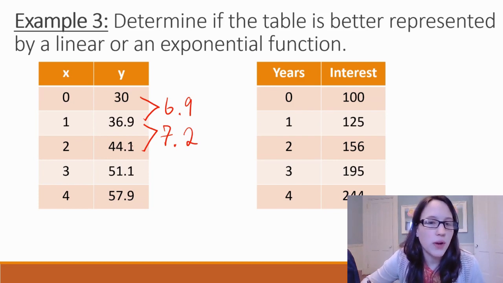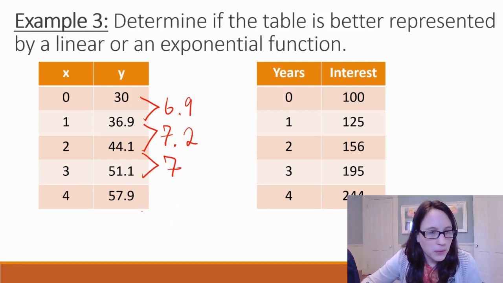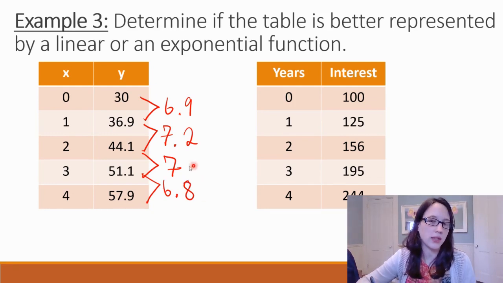All right, what if we go from this one to this one? Well, that's going to be exactly 7. And what if we go from this one to this one? That looks like that'll be 6.8.